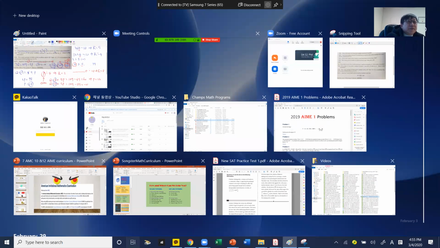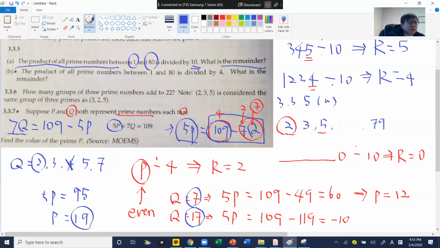So you can understand that this number is a multiple of 7, right? So how do you check that? How about this 109? If you divide it by 7, the remainder is 4.